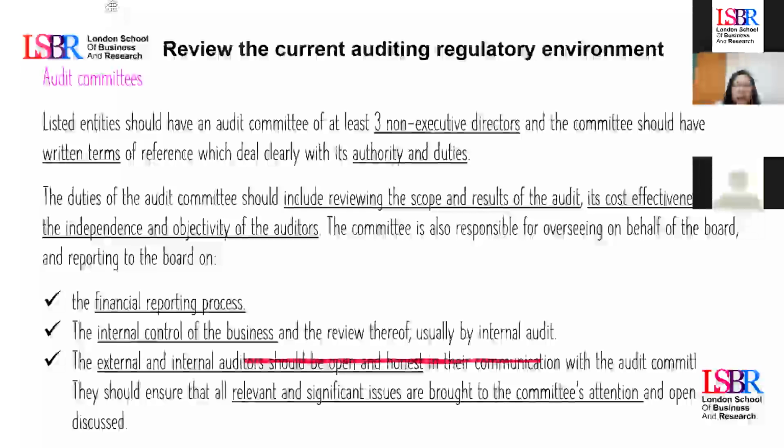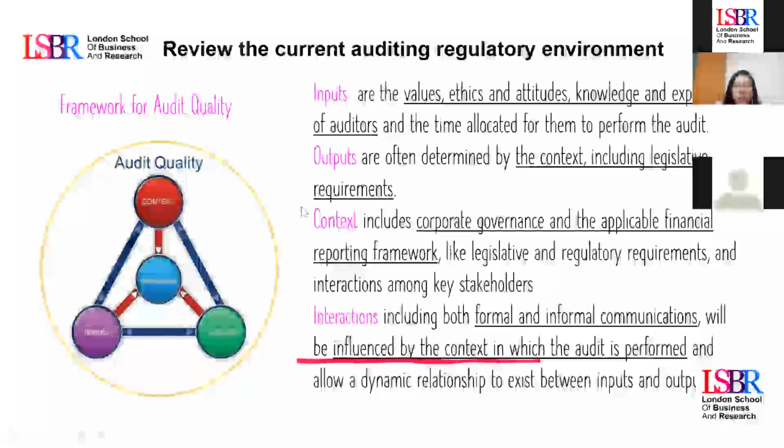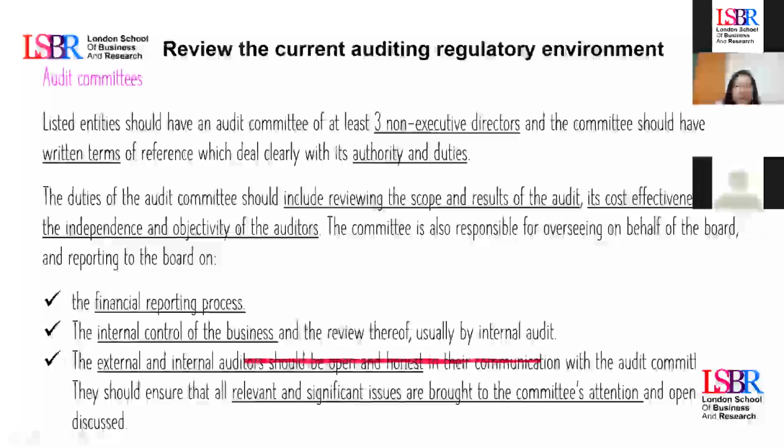So now that we have reviewed what audit quality is, if you remember, in the context we talked about corporate governance inside the company. One important part of corporate governance in the organization is audit committees. Basically, audit committees are formed by at least 3 non-executive directors. Why 3 non-executive directors?